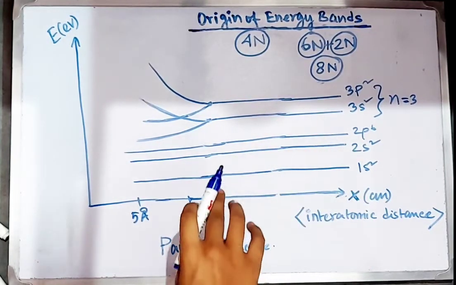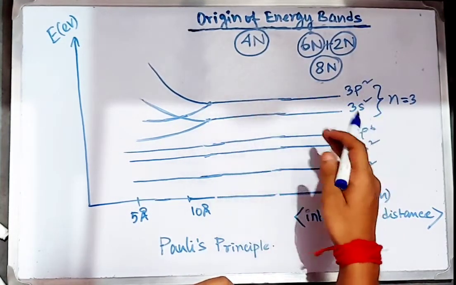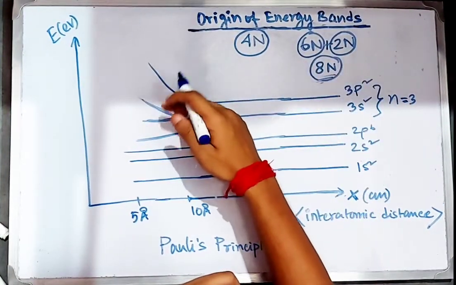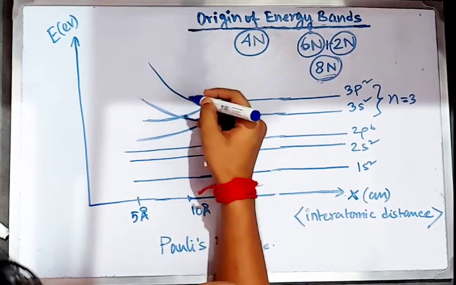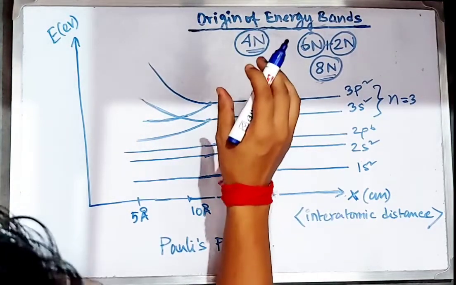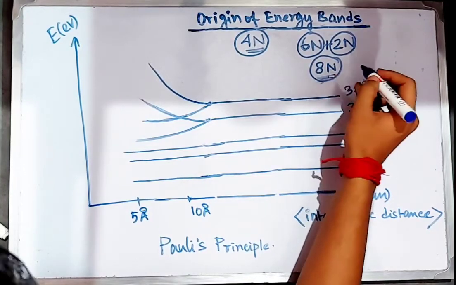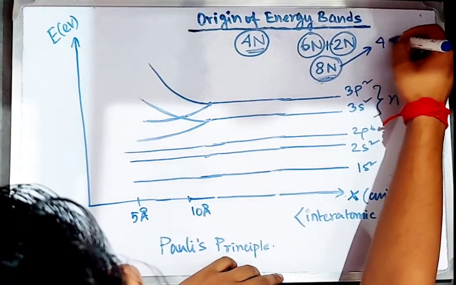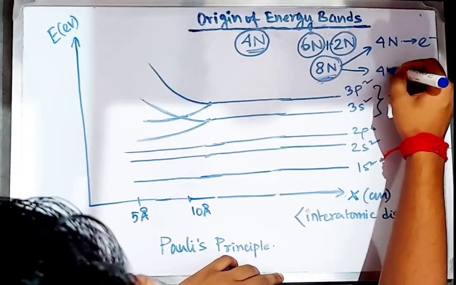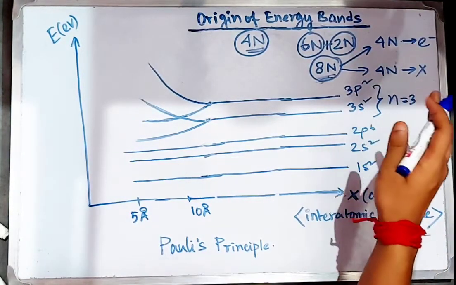So of course, if I combine this 3p and 3s, there must be 8n number of energy states within this band, but we have only 4n number of electrons present. So of course, out of this 8n, 4n will be occupied by electrons, and 4n states will not get occupied by electrons, and they will remain unoccupied.